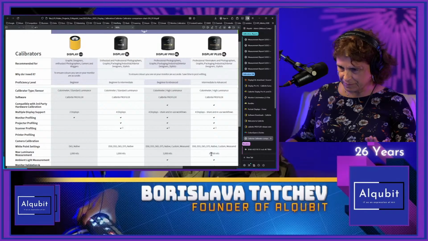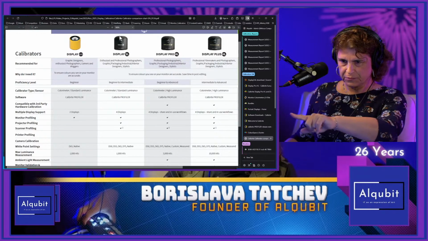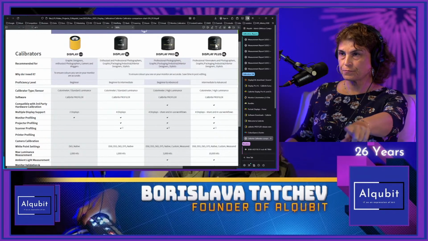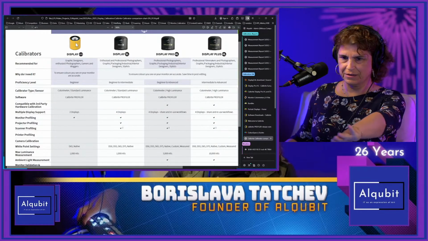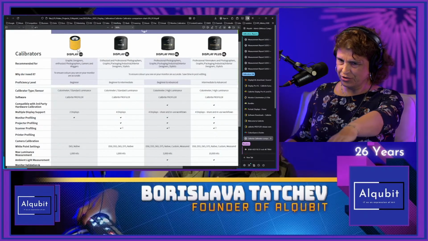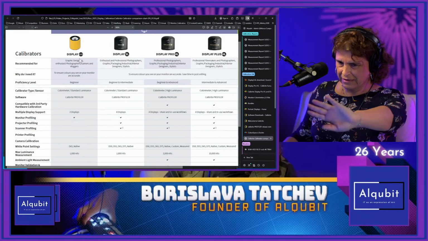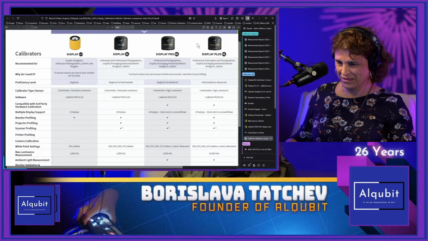This is 10,000 nits, the plus. But those three sensors, this I will not even consider. It is included in some of the ASUS hardware calibration, but let's ignore it exists. Only those two.